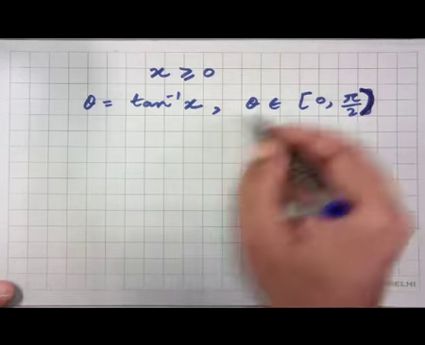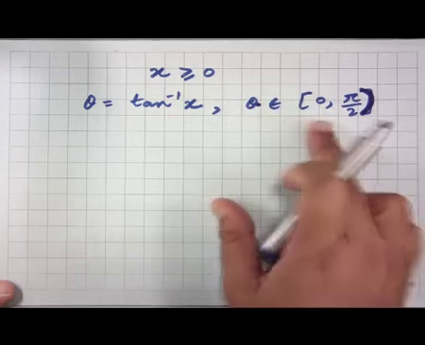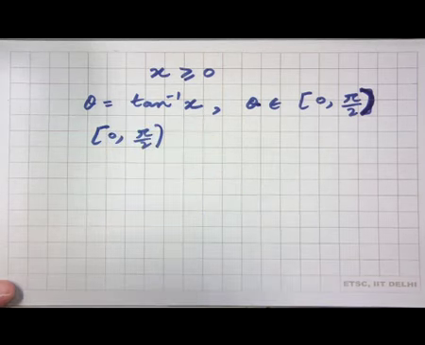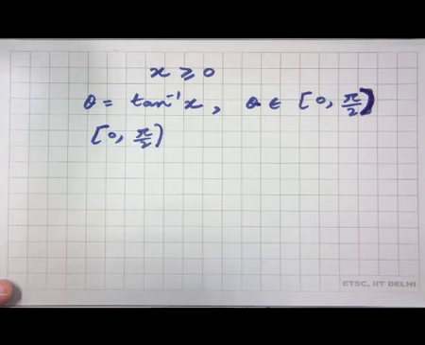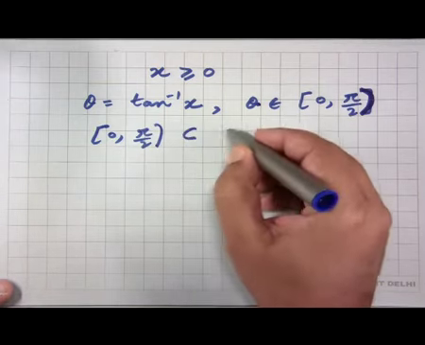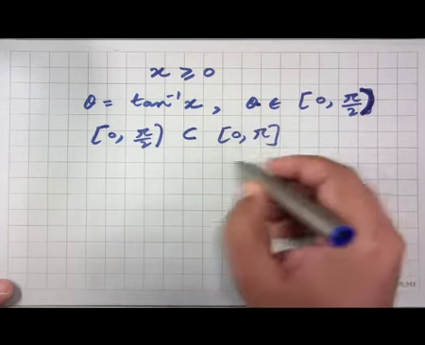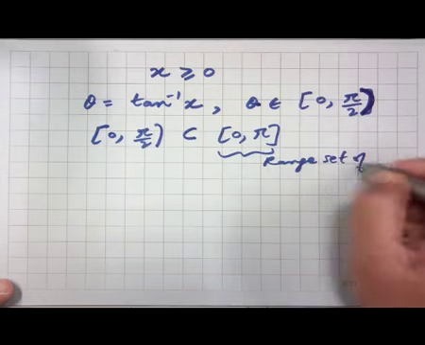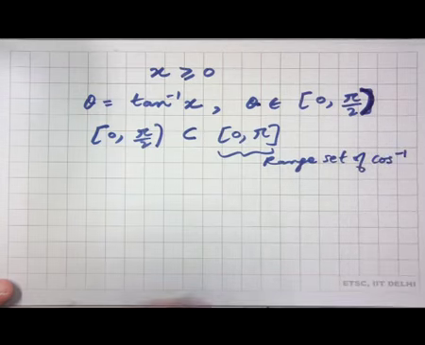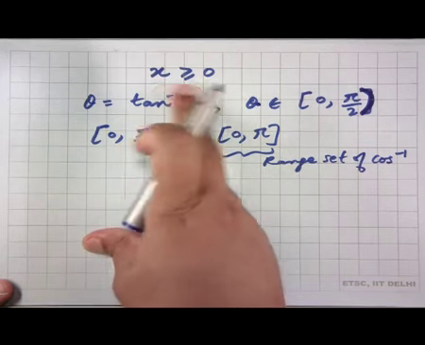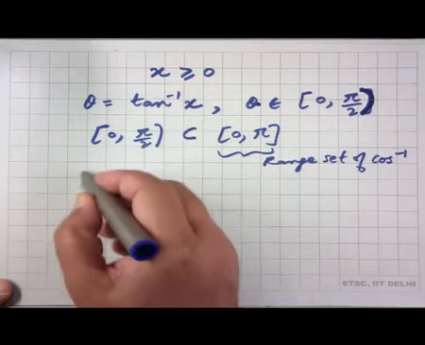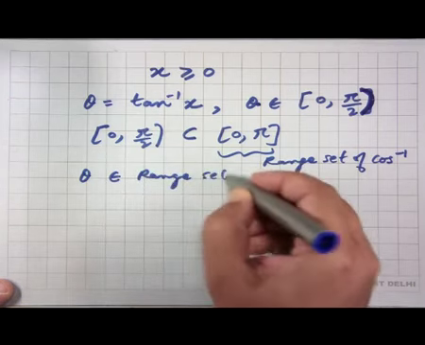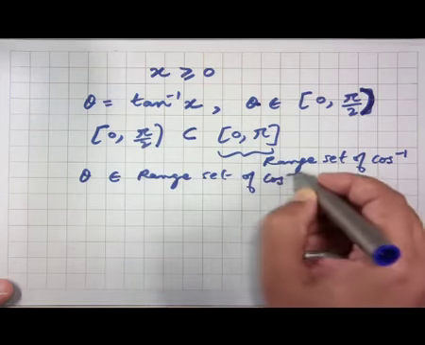Since theta belongs to this set, and we also know that 0 to pi by 2 is, of course, a subset of 0 to pi, which is the range set of the cos inverse function, therefore when x is greater than or equal to 0, theta belongs to the range set of cos inverse.